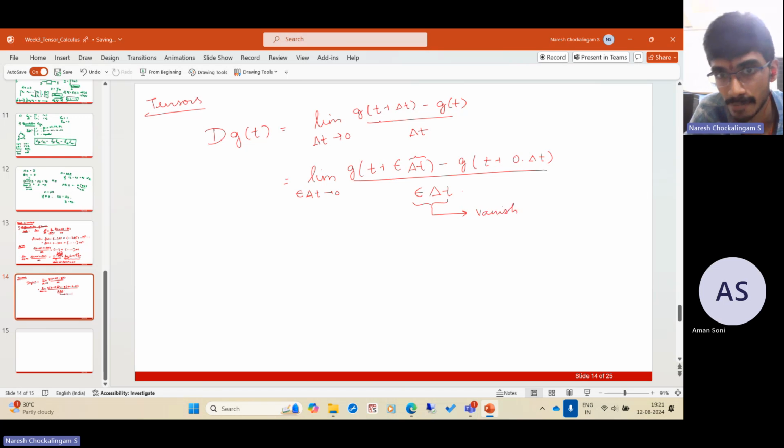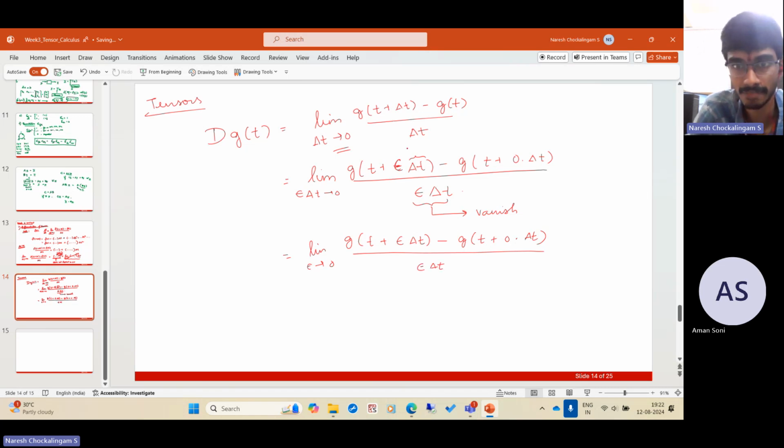This can happen either by delta t tending to 0 as in the first definition, or as epsilon tends to 0 in the second definition. So I can write this as the limit epsilon tends to 0 of g of t plus epsilon delta t minus g of t plus 0 delta t by epsilon delta t.